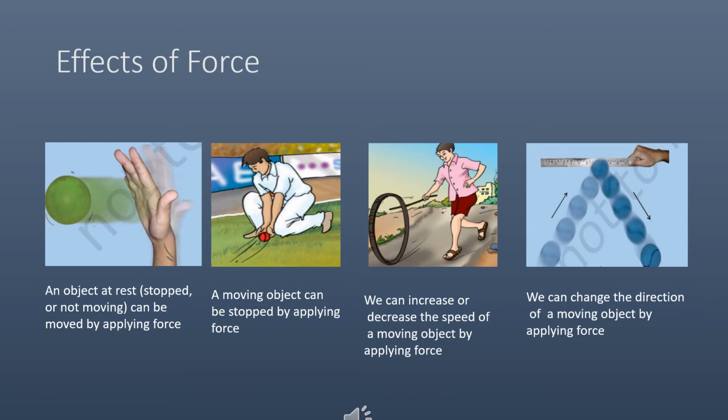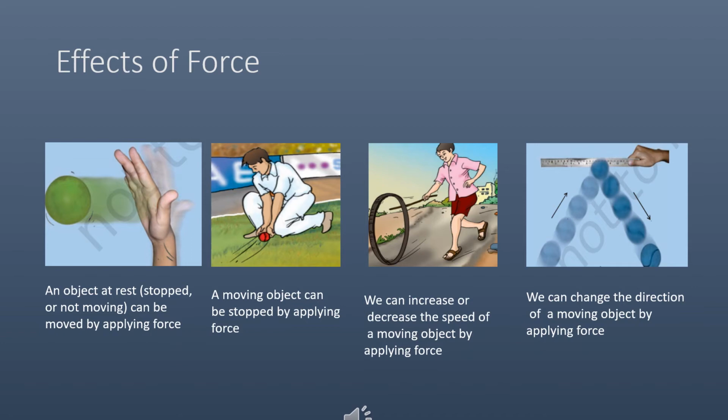Now, we can increase or decrease the speed of a moving object also by applying force. For example, you are running a wheel, and if the wheel is moving, along with that you apply a little more force on it, it can move faster. So we can increase the speed by applying force in the direction of movement.